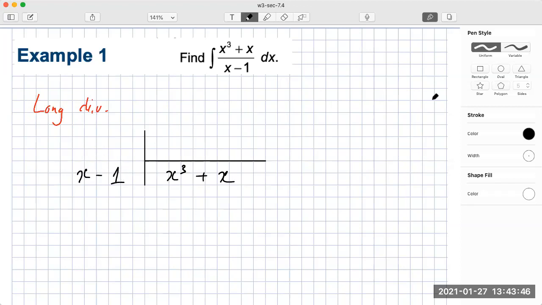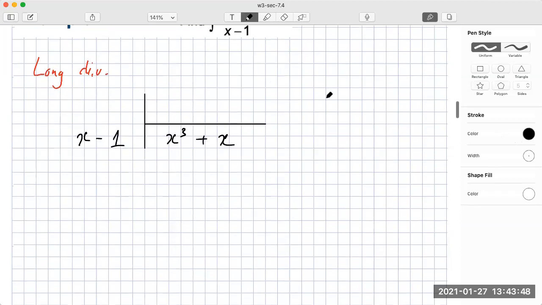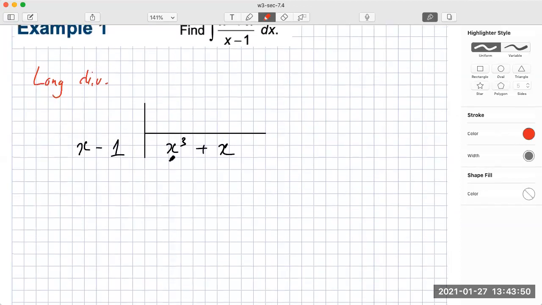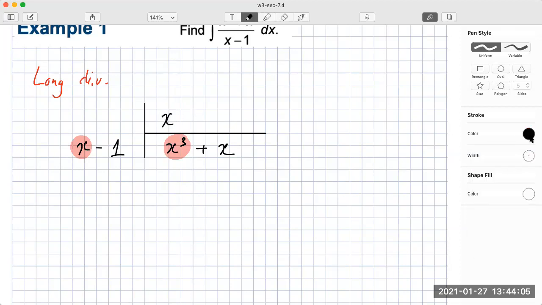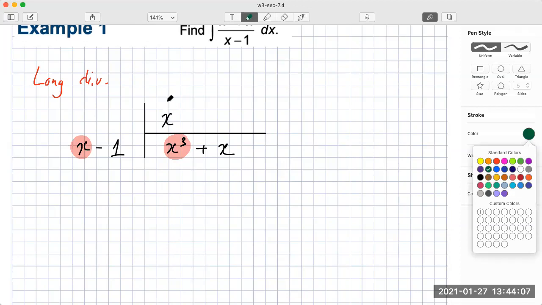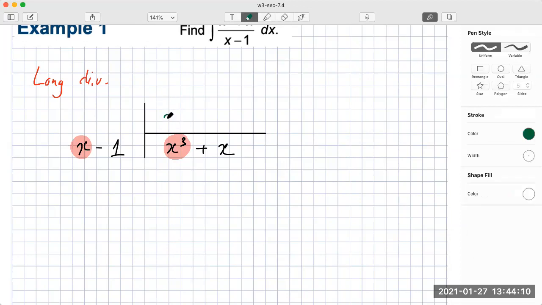We write it this way. What we should do is take the highest degree term of the numerator divided by the highest degree term of the denominator, the divisor. And what do we have? x squared. Very good, thank you. Why? Because x cubed divided by x is x squared.